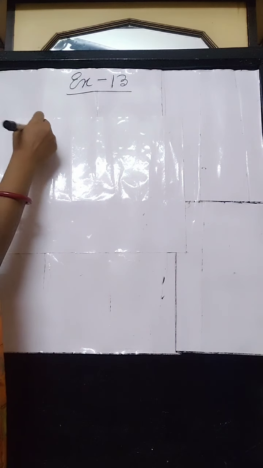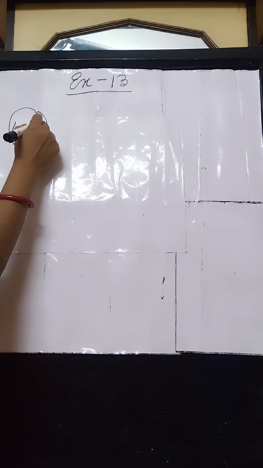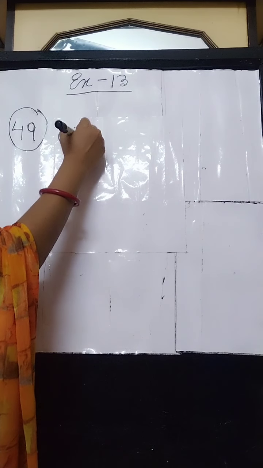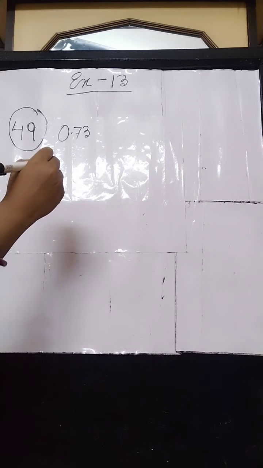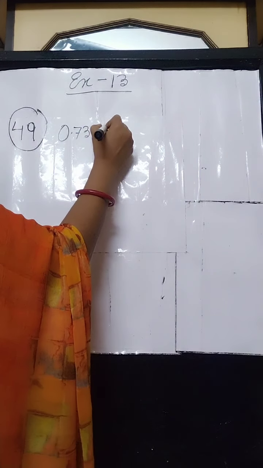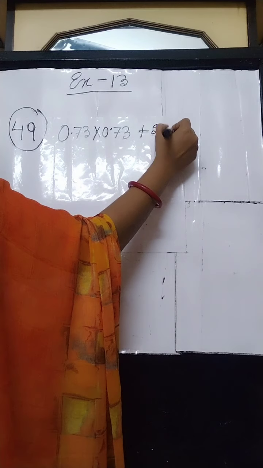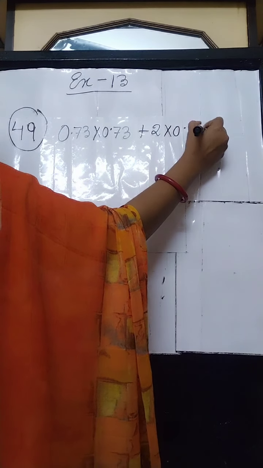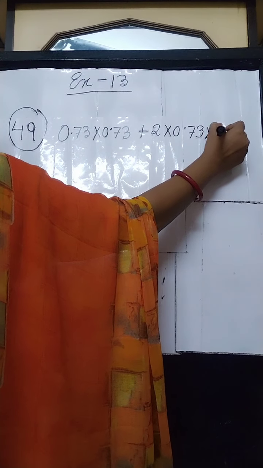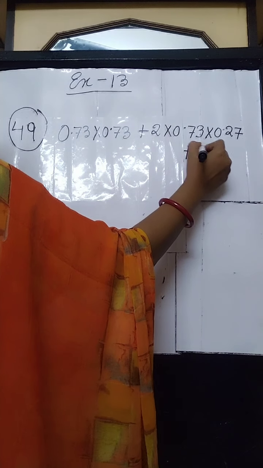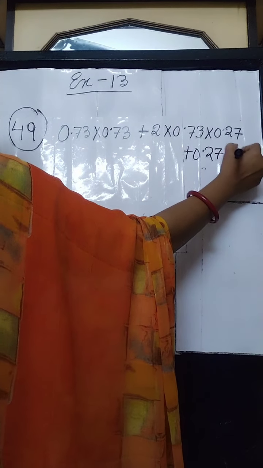We will start with sum number 49 of the formula chapter, exercise 13. In sum number 49 a decimal numerical value is given: 0.73 into 0.73 plus 2 into 0.73 into 0.27 plus 0.27 into 0.27.